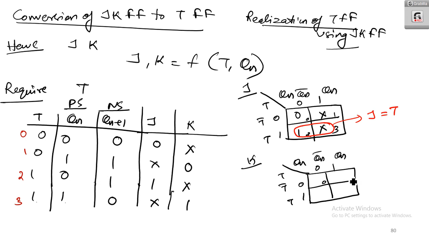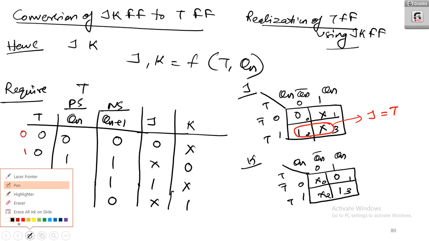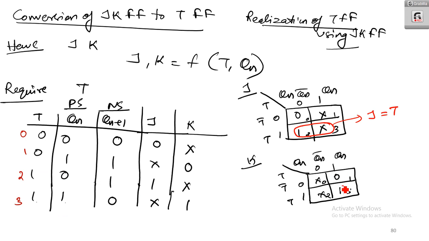This is 0, 1, 2, 3. That is don't care, 0, don't care, 1. So here you can club these two. If you are clubbing these two, what will you get? You will get K is equal to T.